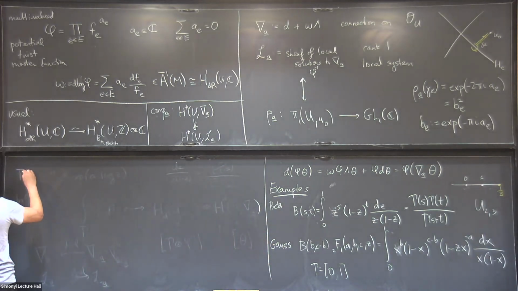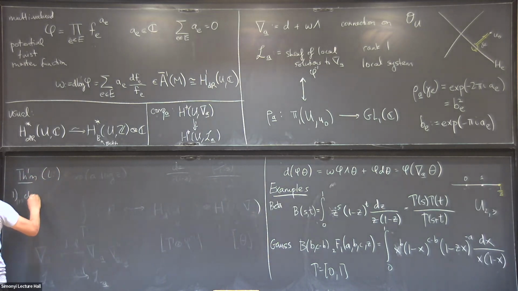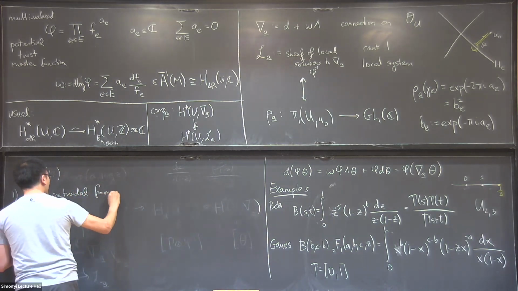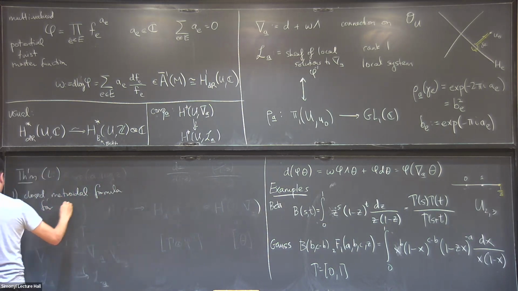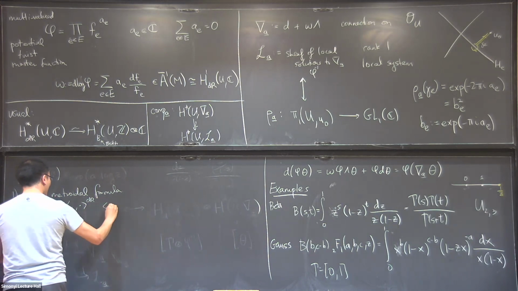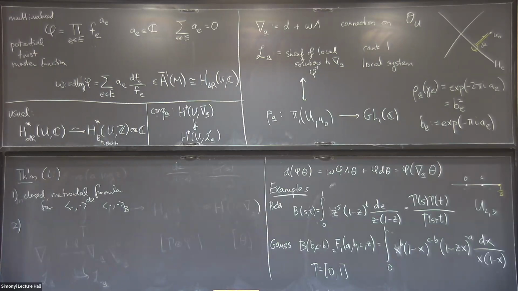So the main theorem is closed matroidal formula for these two things. I have to explain sort of what exactly that means. Second part is that these formulas are tropical, so they can be expressed purely in terms of the Bergman fans of the matroids.